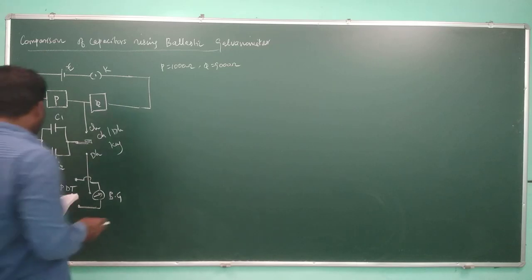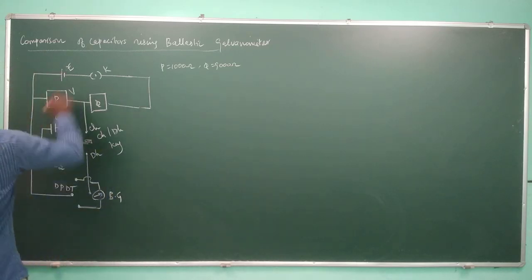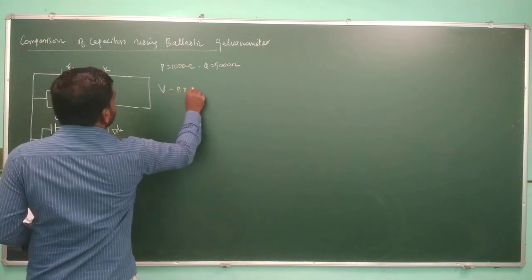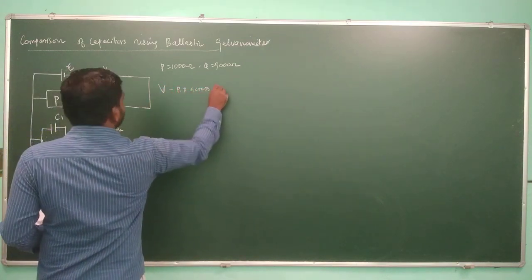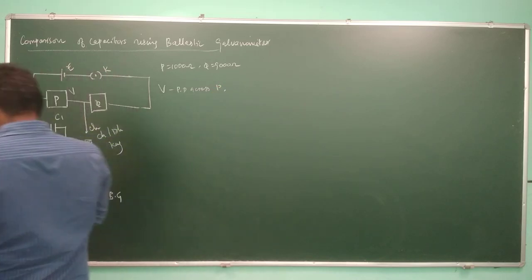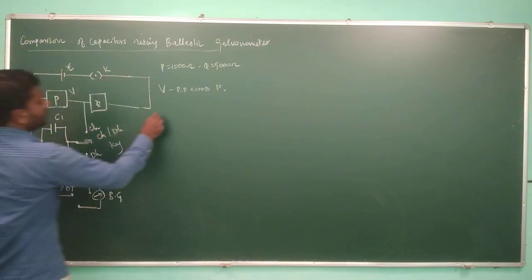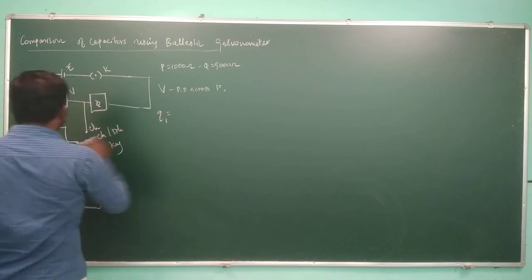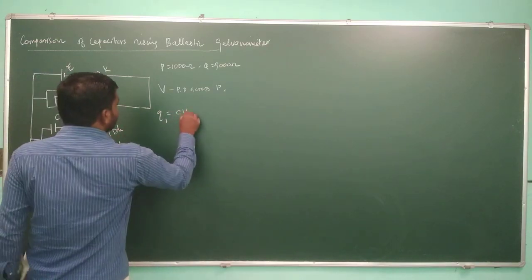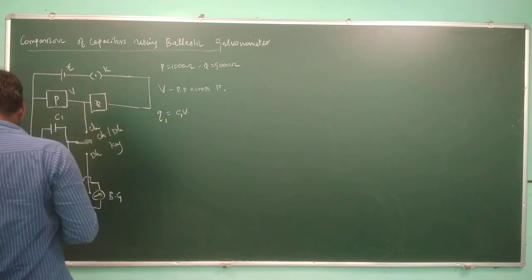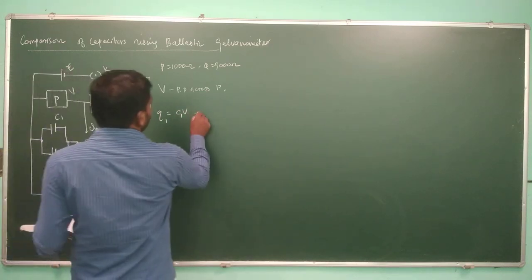Now, if V is the potential difference across P, then we can write the charge, which is equal to charge Q1 for the first capacitor, which is equal to C1V. But what is C1V?